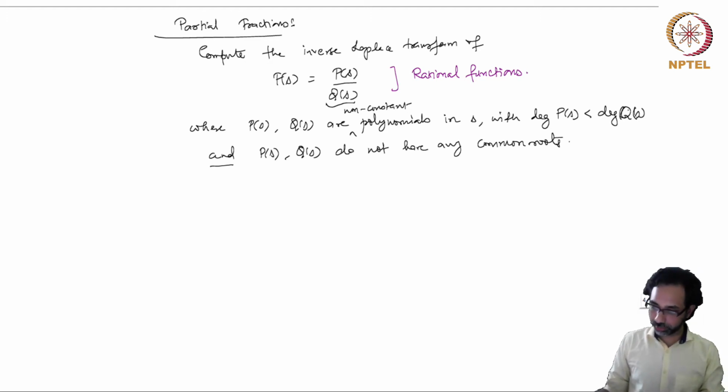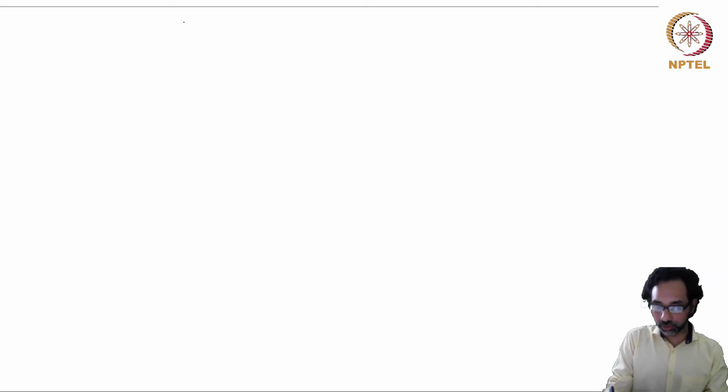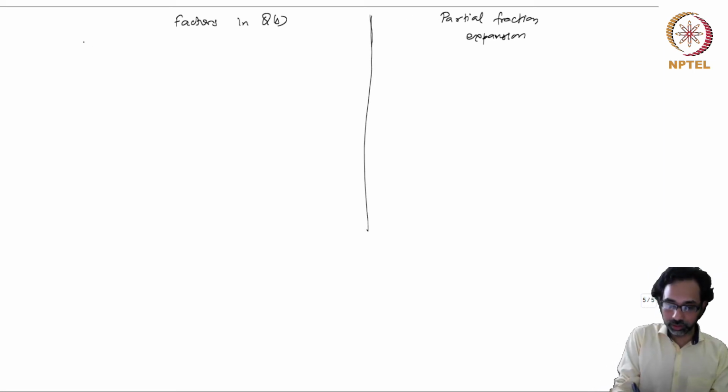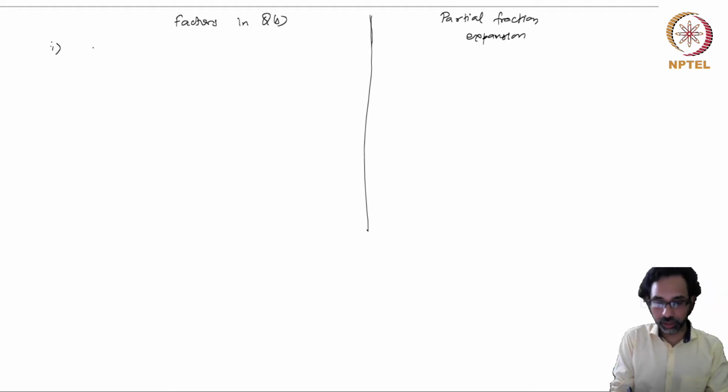So let me give you a table: factors in Q(s) and partial fraction expansion. The first case is what's called a linear factor.